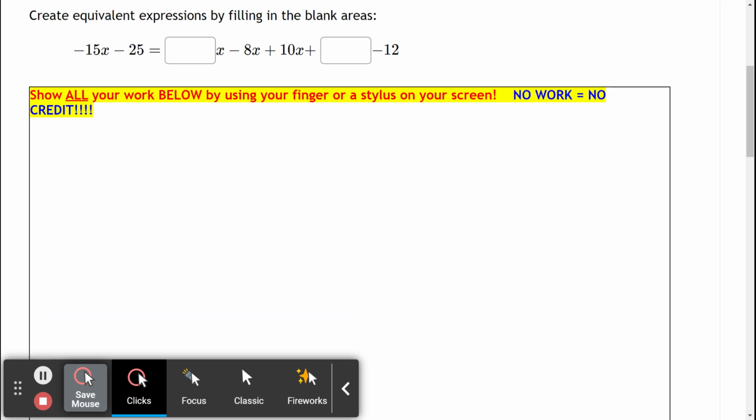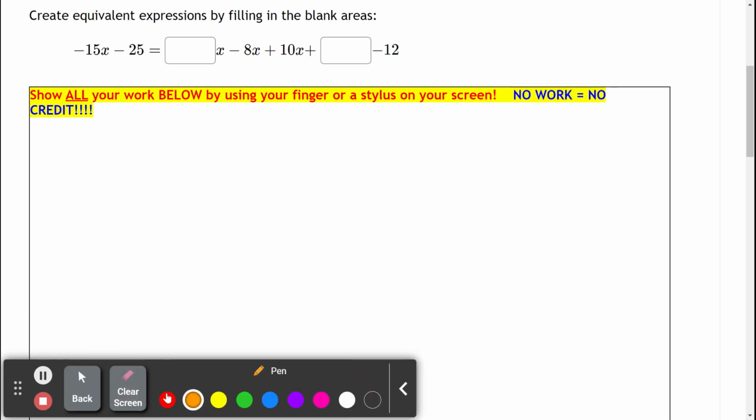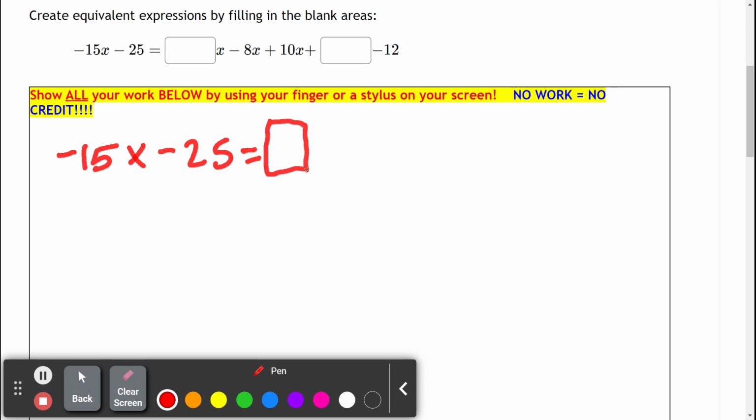Next, create equivalent expressions. Oh boy, this looks like it's going to be a tough one. So if I have -15x minus 25, that's equal to something with an x minus 8x plus 10x plus something minus 12.